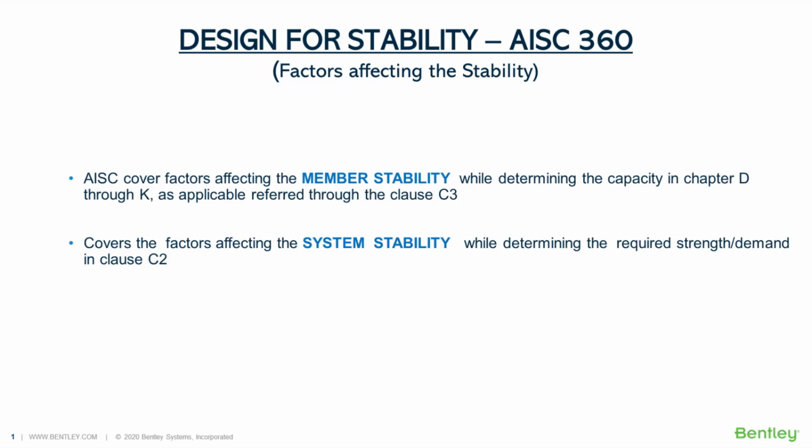The AISC code takes care of these factors while determining the capacity in Chapters D through K. For the system stability, the factors are the initial system imperfection, which is the initial out of plumbness of the system, and the reduction or adjustment of the stiffness due to initial member out of straightness and the residual stress. And it is covered in clause C2.